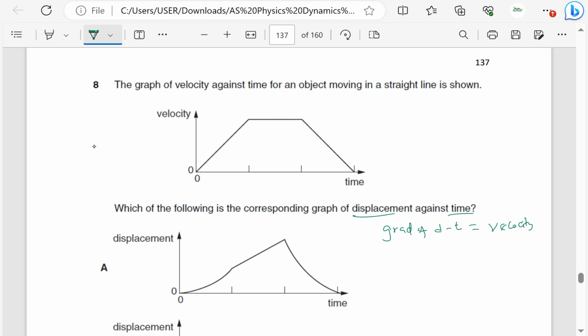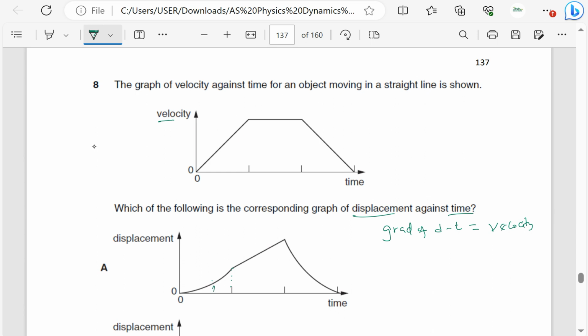Okay, so first of all we can begin by inspection of the graphs. The first part of the velocity time graph shows velocity increasing uniformly. So it means the gradient should be increasing uniformly. For this graph, this part is fine because the gradient is increasing up to this point.